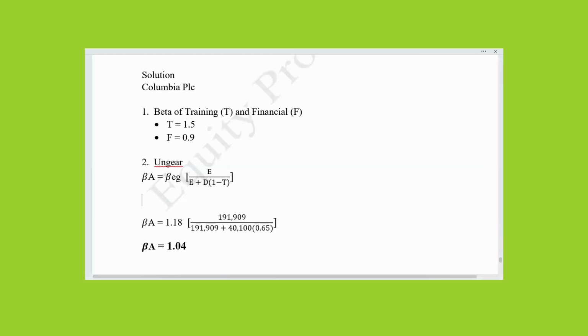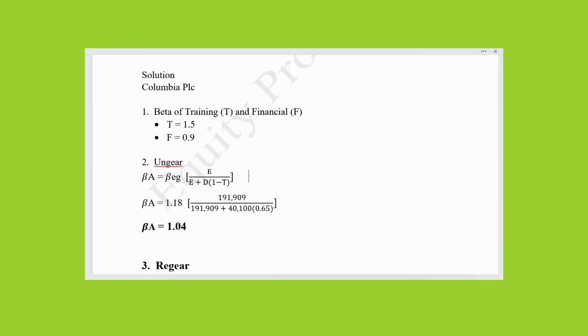According to the question, the beta of training services. Let me start with training. BAT, that is beta asset of training. The beta of training services is 1.5.